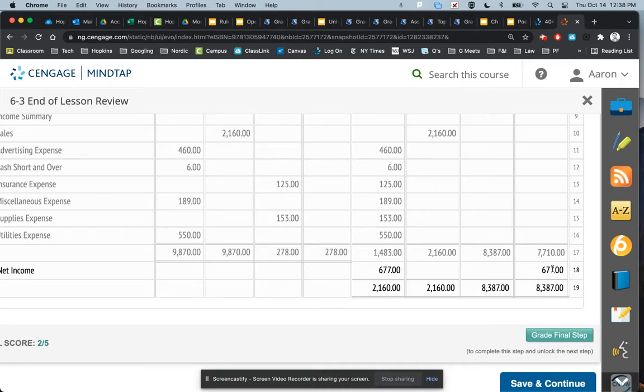Now, let's say that expenses were more than revenue and this business incurred a net loss, all right? You would type net loss here instead of income, and this $677 would be a loss. It would mean that there were more expenses than sales in that fiscal period. And so you would just do the opposite.